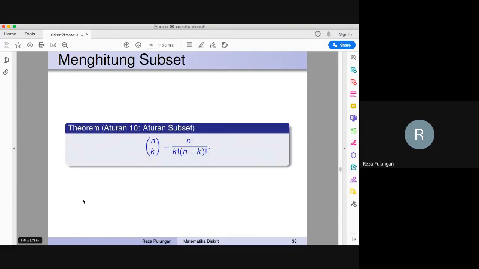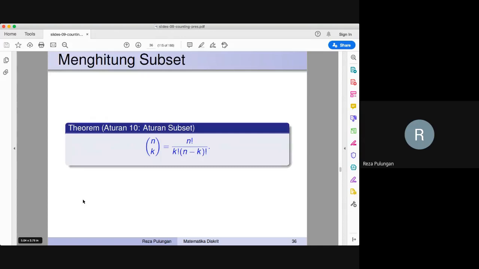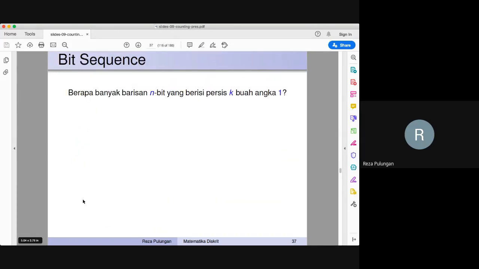This is what we call the subset rule, and this is rule number 10. n select k is equal to n factorial divided by k factorial multiplied by (n minus k) factorial. Remember that. This is a very important rule. Okay, so let me show you a couple of examples for this one.